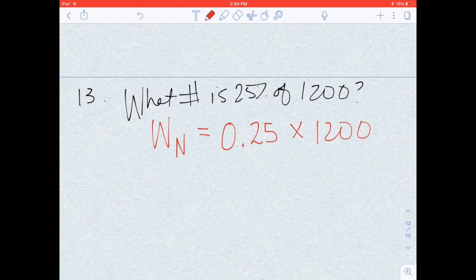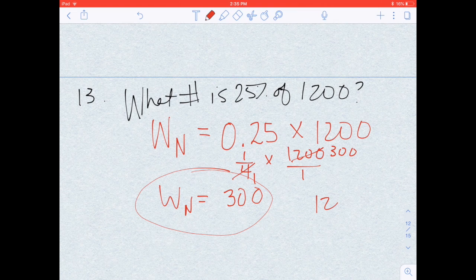I can multiply this by 0.25. I can change this into 1/4 and multiply it by that way. That's a little easier. You can still do it the other way too. So I'm going to divide both of these by 4, and that's going to give me 300. 300 over 1, W N equals 300.